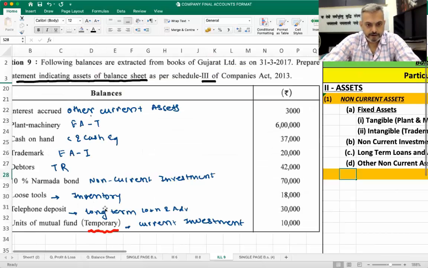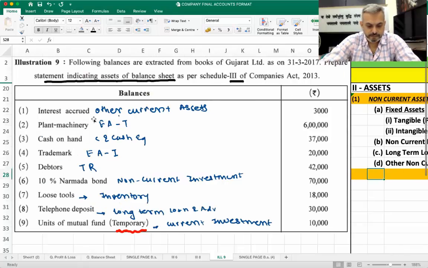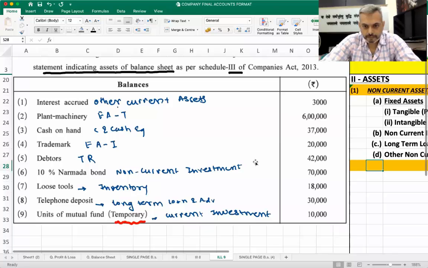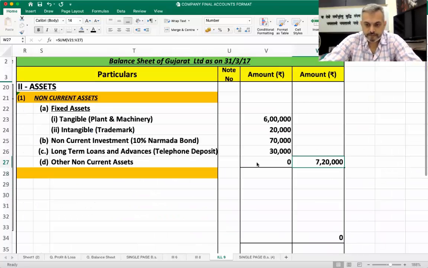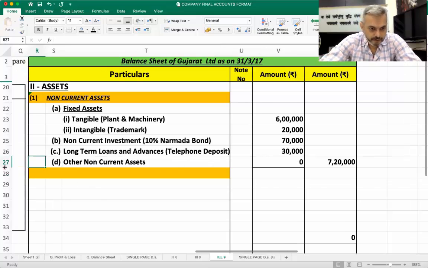So other non-current assets, zero or dash. Let's keep zero only. Okay, so 7,20,000, check it out.